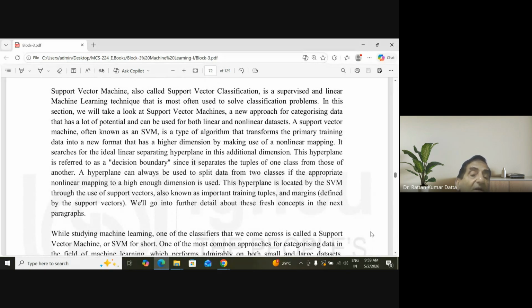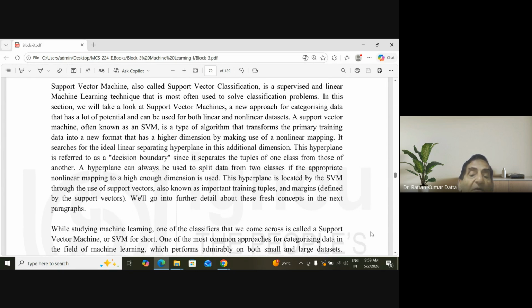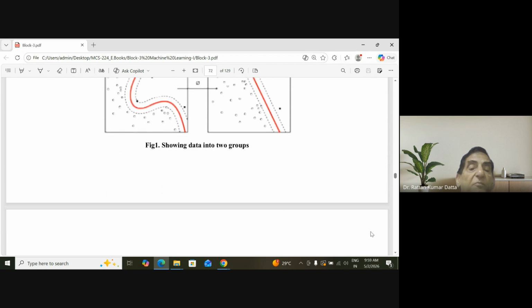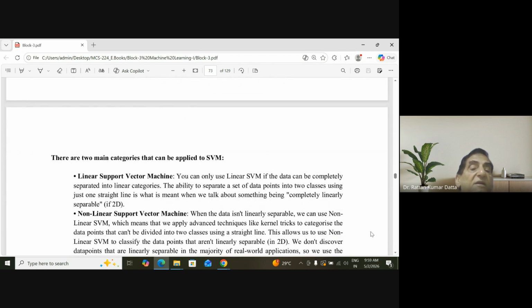While studying machine learning, one of the classifications that we come across is called support vector machine. This is showing data into two groups, broken up by a straight line. Then there are two main categories: linear support vector machine and non-linear support vector machine.